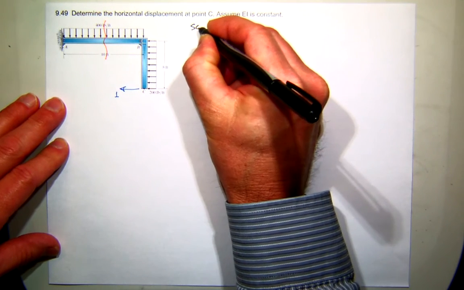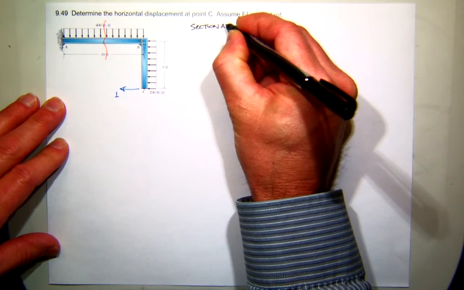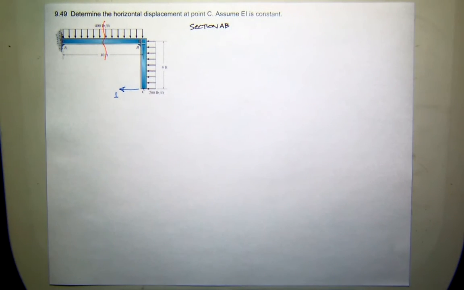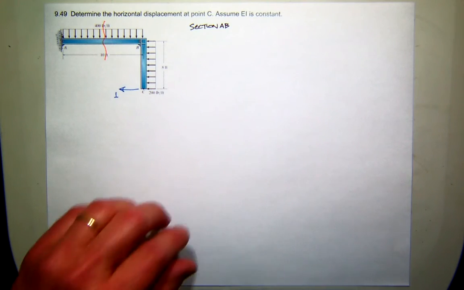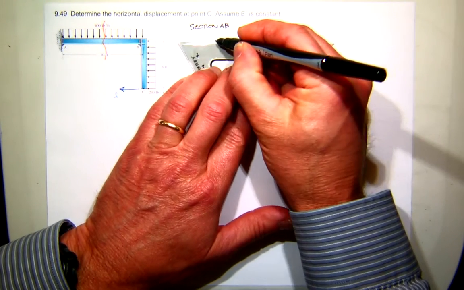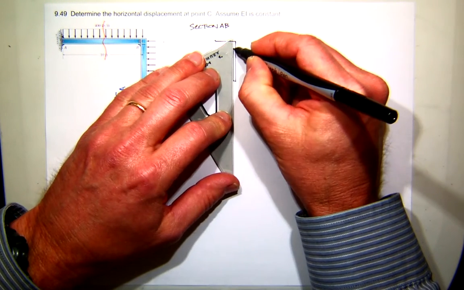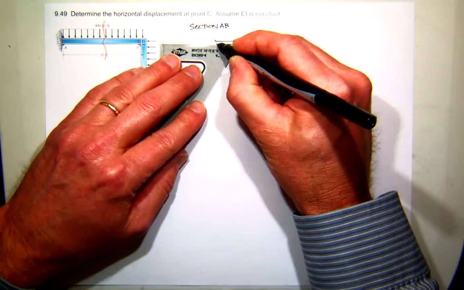So this will be section AB, and let's draw the free body diagram for that. So I'll have something that looks like this.